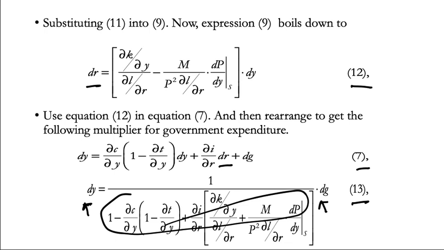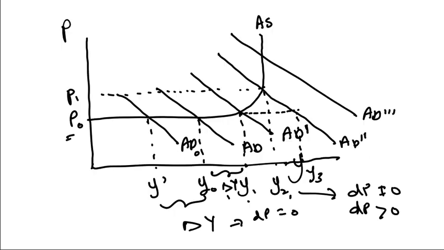Adverse or negative impact. Graphically, this negative impact can be seen by the reduction in output from Y3 to Y2. However, let me emphasize here, the net change in income or output is still there from Y1 to Y2.